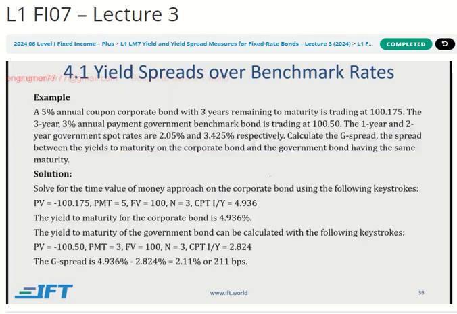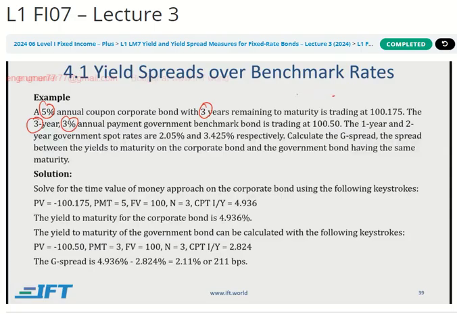Now, just to make sure you understand the concept, let me take you through an example. We've got a government bond which is 3-year, and a corporate bond which is also 3-year. The corporate bond is paying a 5% coupon, whereas the government bond is paying a 3% coupon. You can't directly say 5 minus 3 is 2 and that the 2 is the spread.